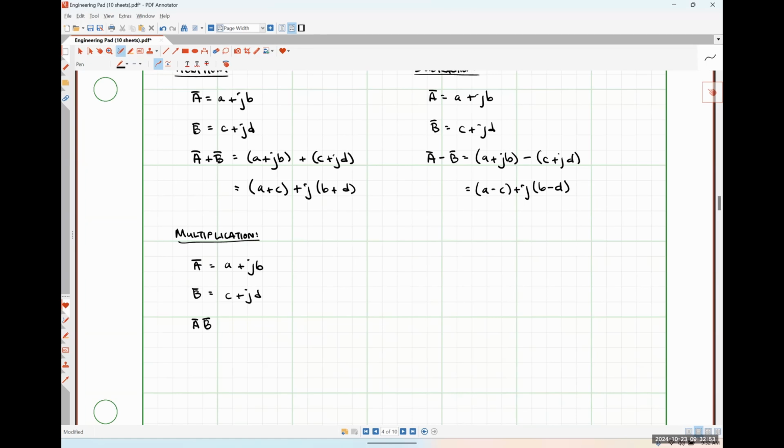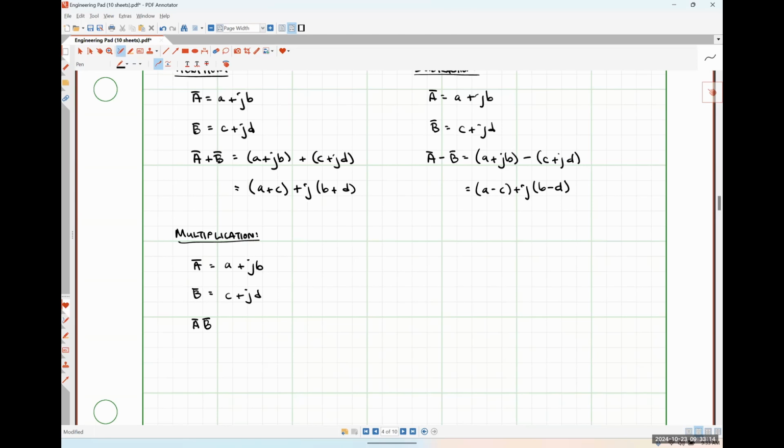I can't use a dot to imply a multiplication because you might confuse that with a dot product, which also does not exist for complex numbers. So if you see two complex numbers next to each other, multiply them. Are we clear? Okay.